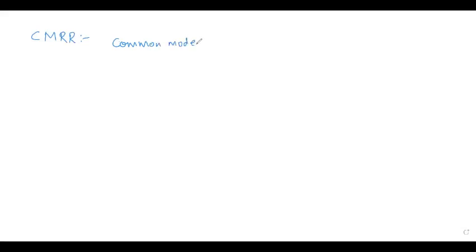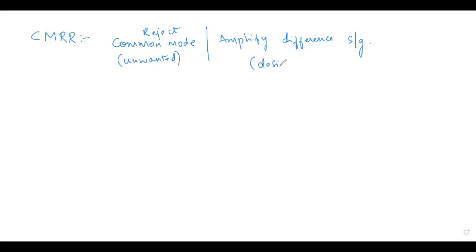To reject the common mode signal, it has to amplify the difference signal. We call this common mode signal the unwanted signal and the difference signal the wanted signal or desired signal.